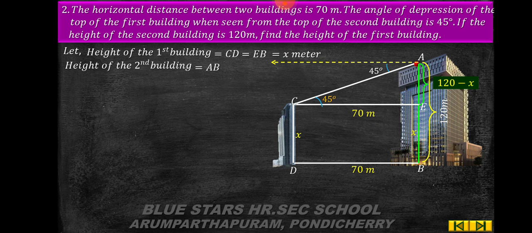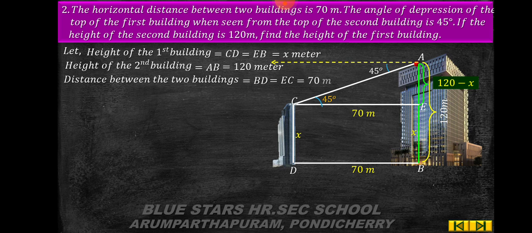Then the height of the second building is AB equal to 120 meter. The distance between the two buildings is BD equal to EC, which is equal to 70 meter. Therefore angle ACE is equal to 45 degree.